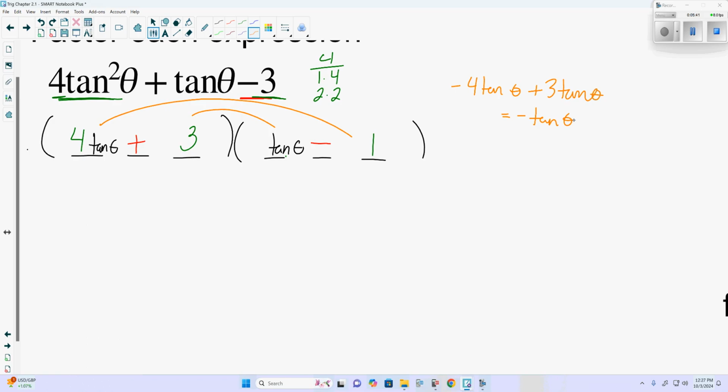So we need to switch the signs. If we get the correct term but wrong sign, we flip the signs. Because this time we get positive 4 tangent of theta minus 3 tangent of theta, leaving us with just tangent of theta.